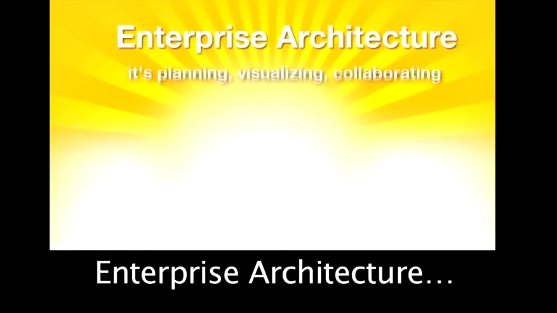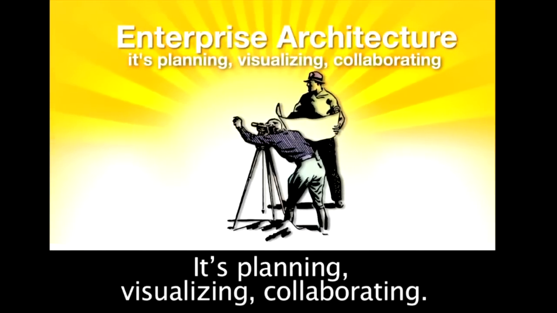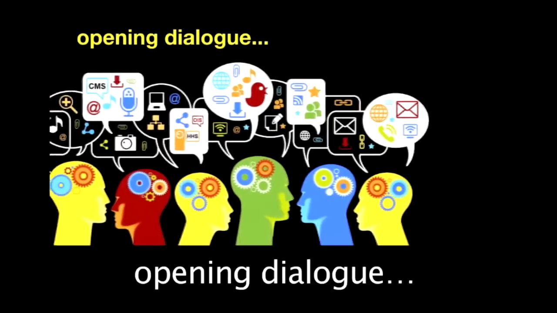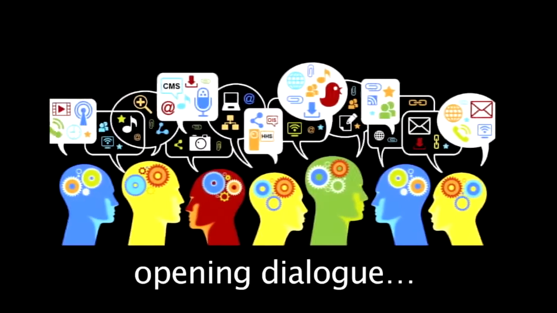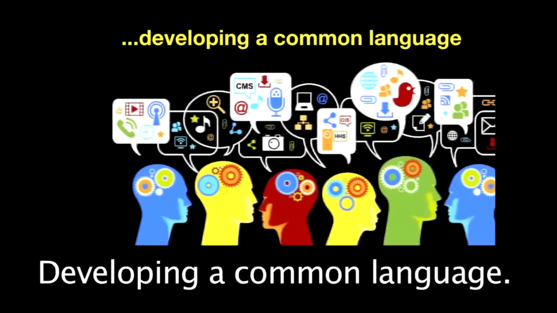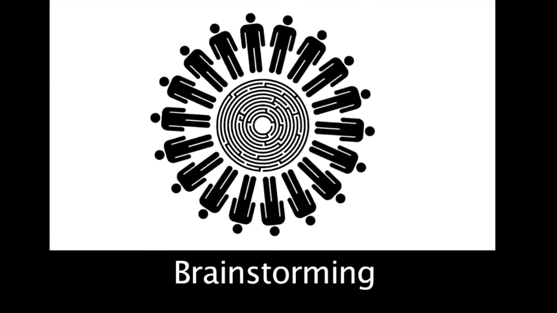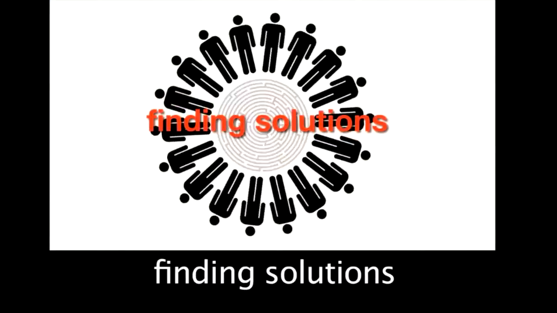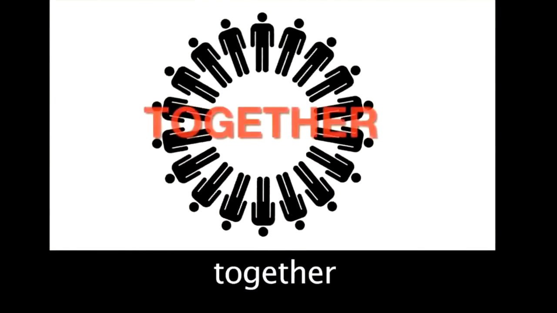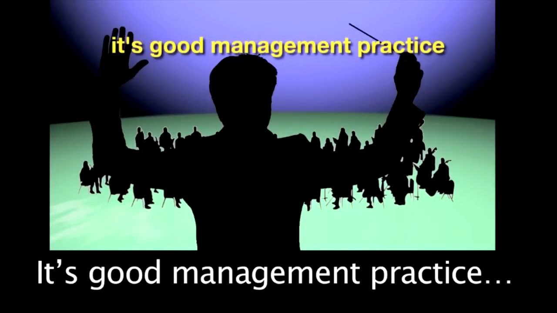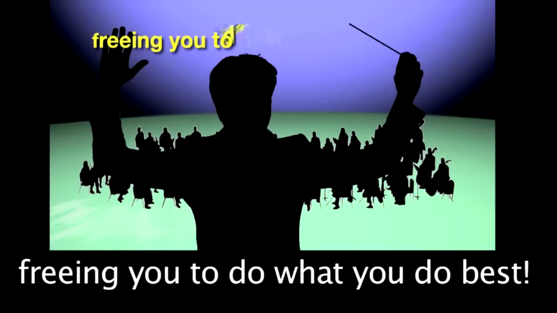Enterprise architecture. It's planning, visualizing, collaborating, bringing the right people together, opening dialogue, developing a common language, brainstorming, finding solutions together. Enterprise architecture. It's good management practice, providing clear direction, freeing you to do what you do best.